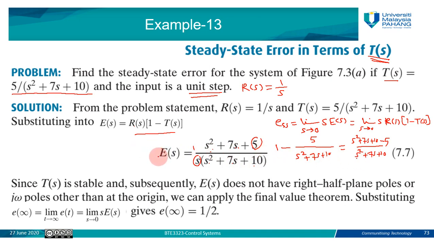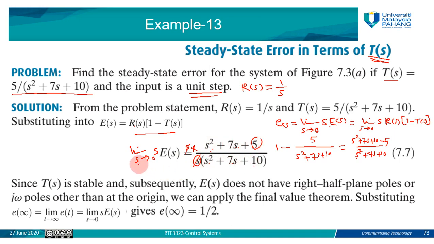If I want to find the error, I need to find the limit of this function. Limit s goes to 0 of this function times s, based on our main formula, s times ES. When we multiply this function by s, this s cancels with that s, so I still have s squared plus 7s plus 5 over s squared plus 7s plus 10.